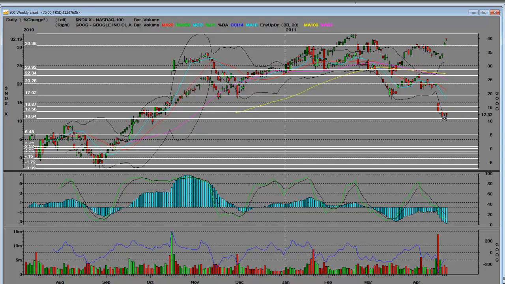Because we can get to such an oversold condition here, the NASDAQ 100 could be gapping down and Google could be gapping up, just the invert of what we're talking about here. When Google was gapping down and underperforming, the NASDAQ 100 was outperforming by gapping up. Could there be the same kind of correlation when you reach such an oversold condition that Google could start to outperform the NASDAQ 100 as it's correcting? Is that possible? Yeah, absolutely.